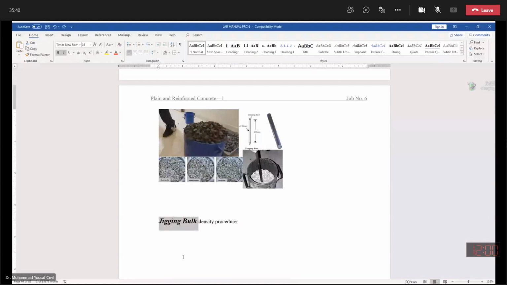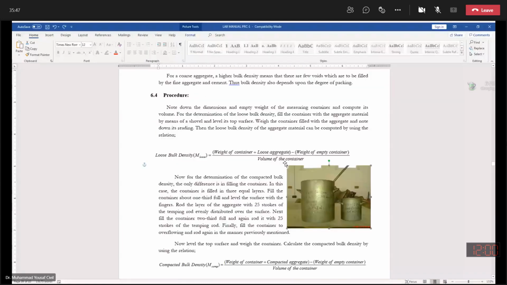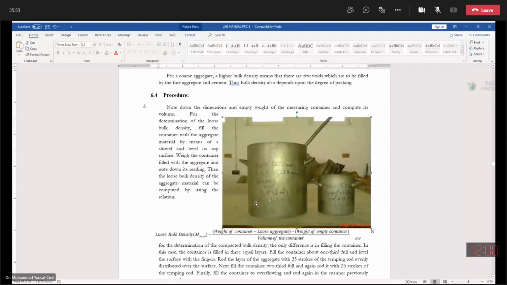You will fill the container in 3 layers and you will not be using the rod for compaction. Then how can we find this density?